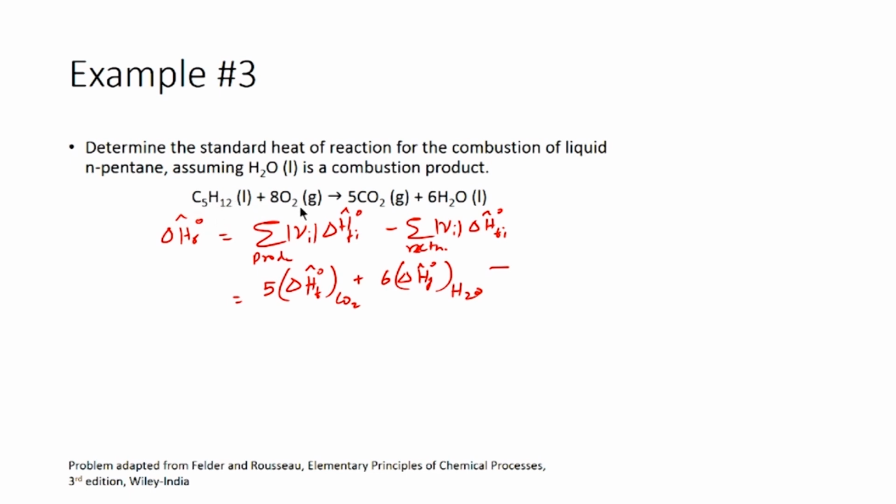Oxygen is an element and we do not have to worry about that because the heat of formation for oxygen would be 0, and this would be 1 times delta H f cap of pentane. So, once we have the heat of formation for these things, we can actually calculate the heat of reaction.